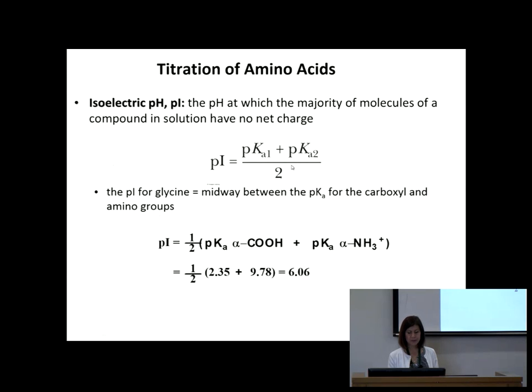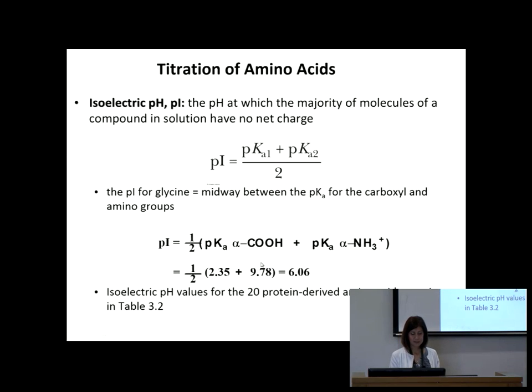It's maybe midway between the pK for the acid and the amine group. So you just average the two. Not so hard. The isoelectric point is a very, very important parameter for our proteins and our amino acids.